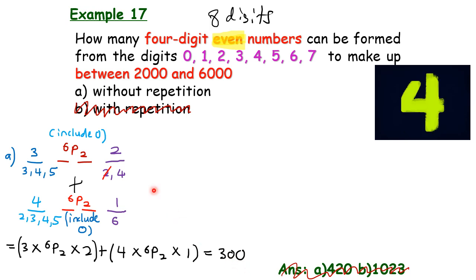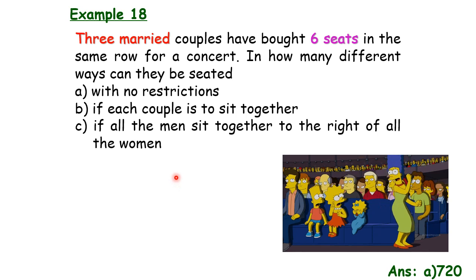So remember this question, maybe many of you will find it very confusing because we have two possibilities here that we have to sum. So remember, next time if you come across this kind of question, you have to consider the two possibilities of cases here. Right. So next we move to example 18.